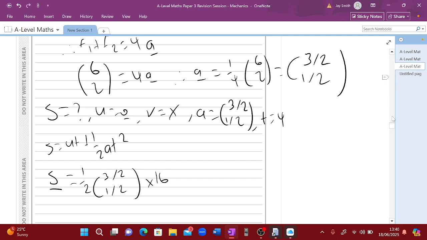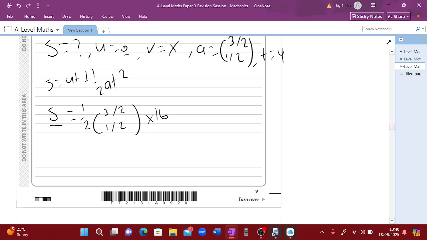Okay, that's quite a nice vector to work with. So 16 over 2, that'll be 8 lots of (3/2, 1/2). And if I times 8 inside both parts, 3/2 times 8 will get us 12, and then 8 times a half will get us 4.